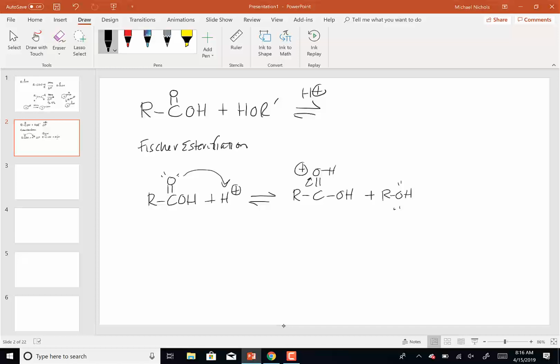Okay, so you want to write the resonance structure, which we can do. So we're going to write the resonance structure.